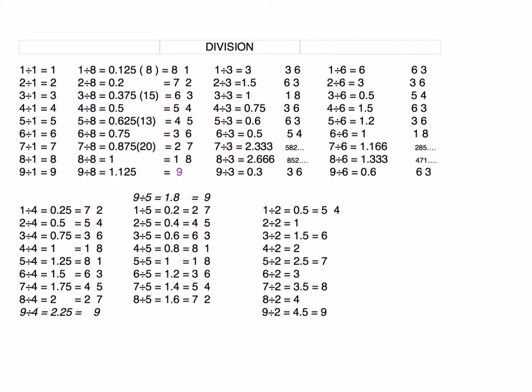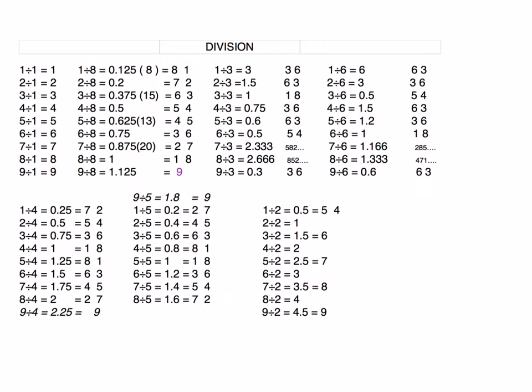Because you can see the 2 divided by 2 is 1, and the 4 divided by 2 is 2, and the 6 divided by 2 is 3, 8 divided by 2 is 4, and then 1 divided by 2 is .5, 4. See, we do the 9 divided by 2 is 4.5, and the 1 divided by 2 is .5, 4.